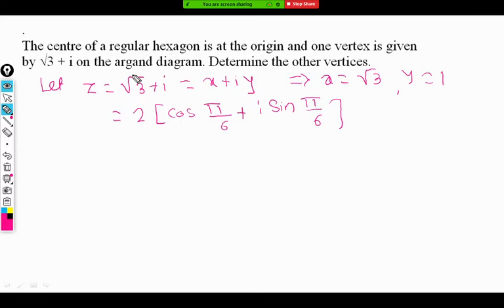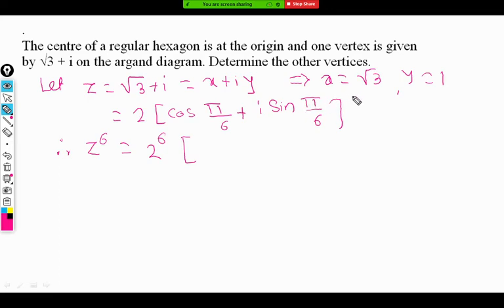So this is the polar form of root 3 plus i. Now let me take, therefore, z raised to 6 is 2 raised to 6. Now we are going to take the bracket raised to 6 here.